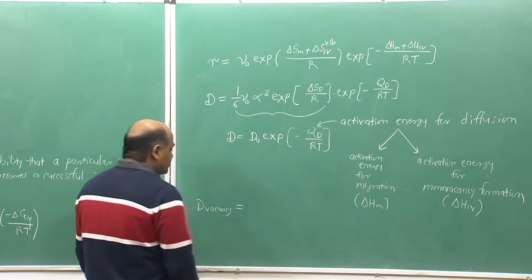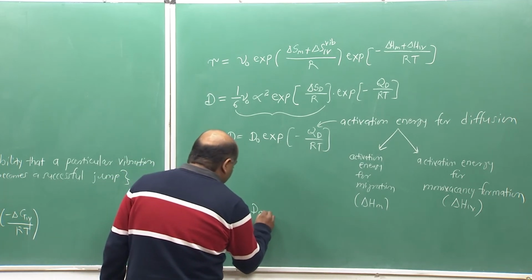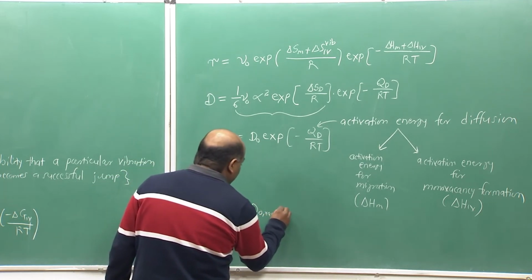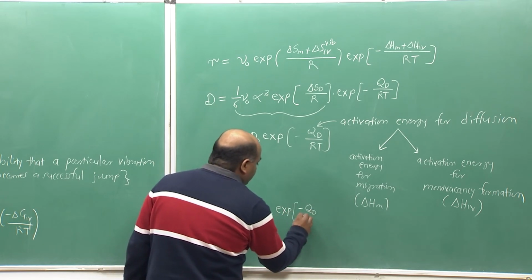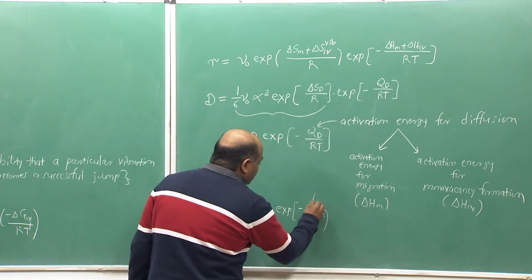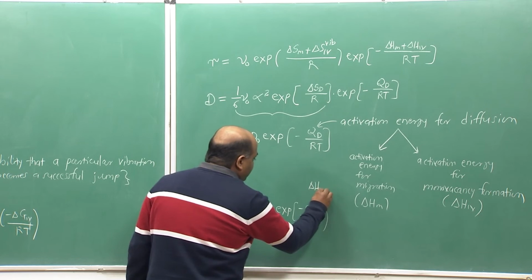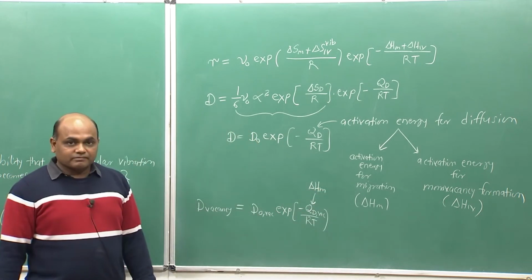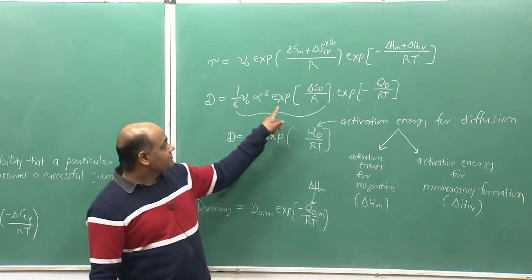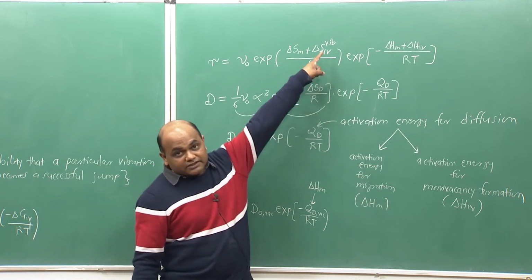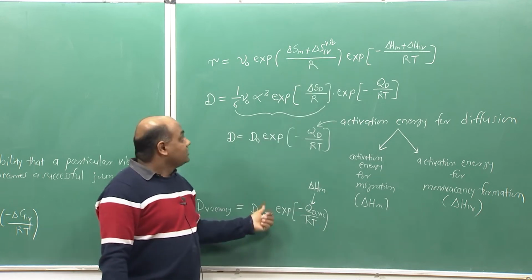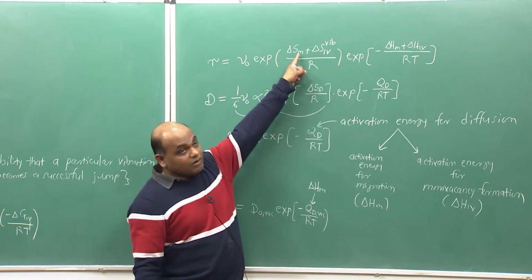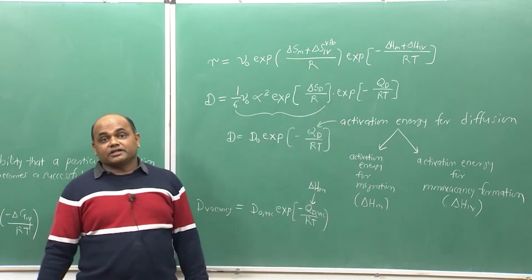So, for D vacancy, we will have D0 for vacancy times exponential minus QD by RT. This is QD vacancy, and it has only contribution from delta HM. And in this D0 term, the delta S1V term will be absent. The only contribution to D0 in terms of entropy would be from the entropy for migration.